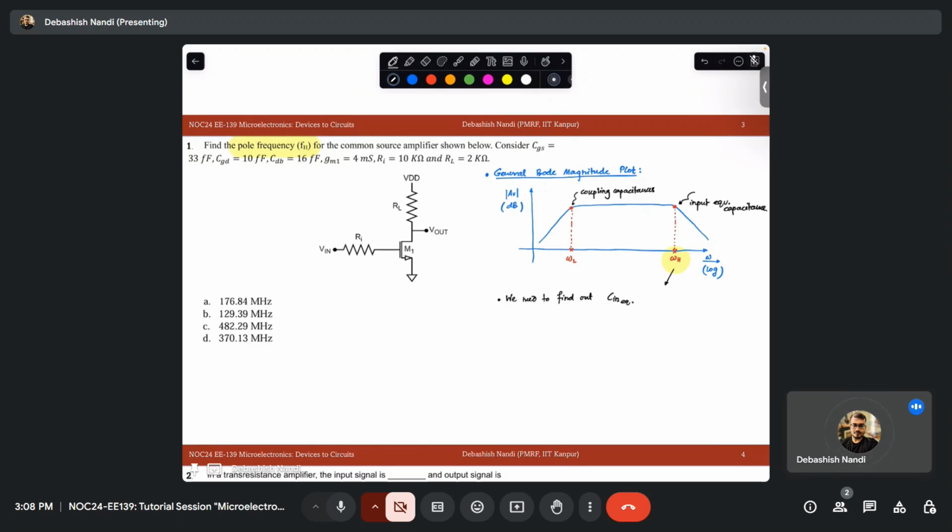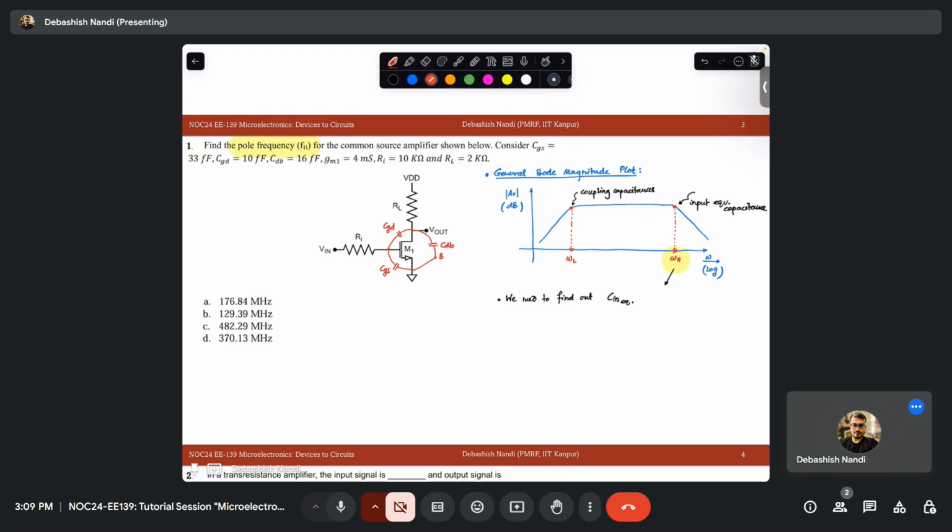So how are these capacitances there? This is your CGD, this is your CGS, and from this to the body node there will be a CDB. You know that body and source are grounded, so this you can directly short.